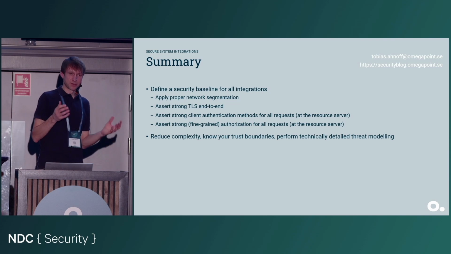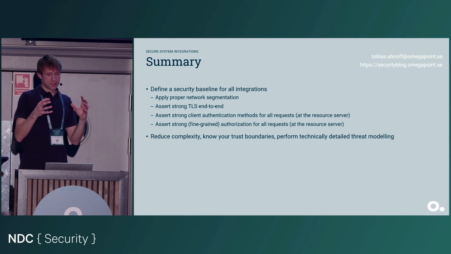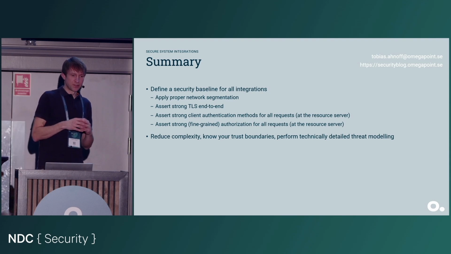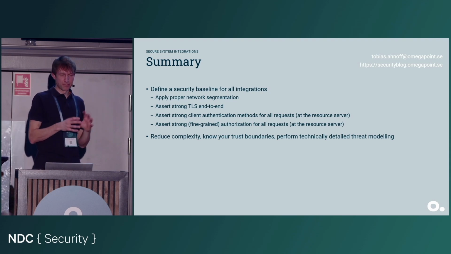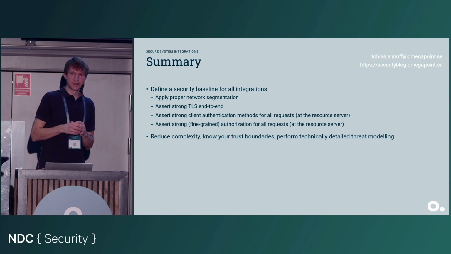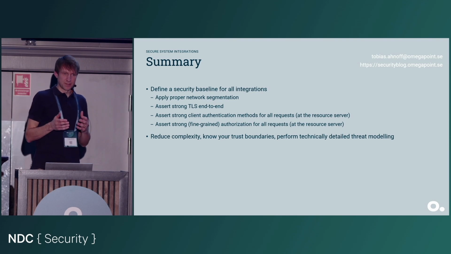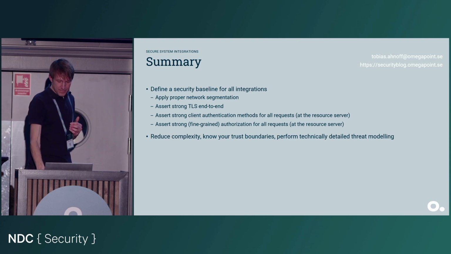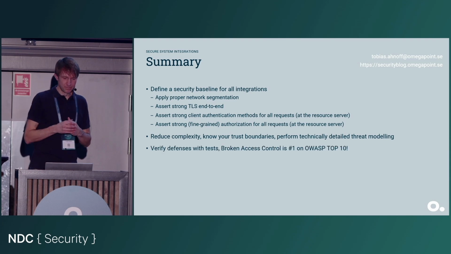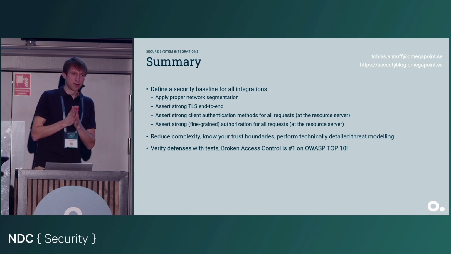So reduce complexity or keep complexity under control, have good architectural diagrams and threat models so you understand the whole system and how integrations work, know your trust boundaries, and do those technically detailed threat models. And the last thing here: verify that it works with tests.